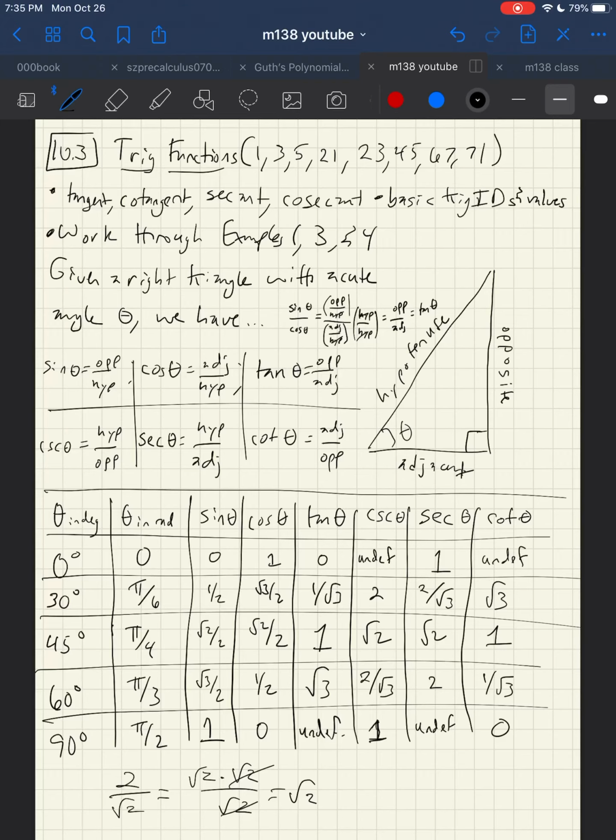So let's use these special values a little bit and answer a question.